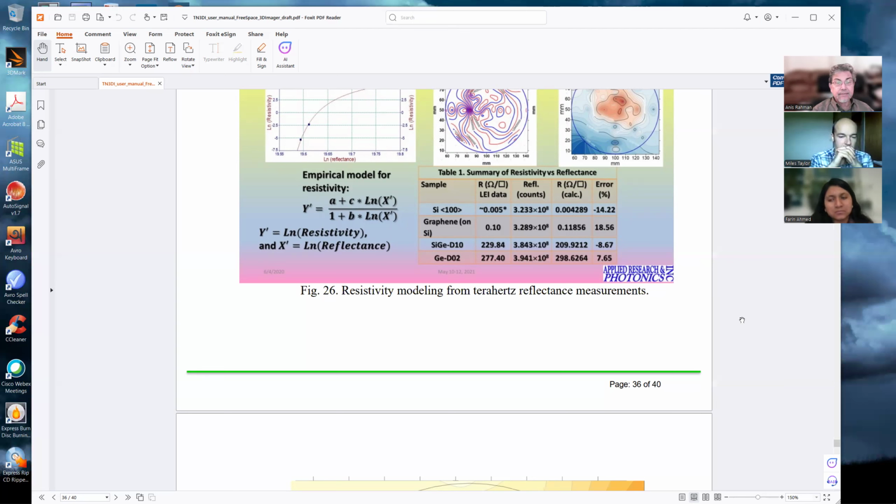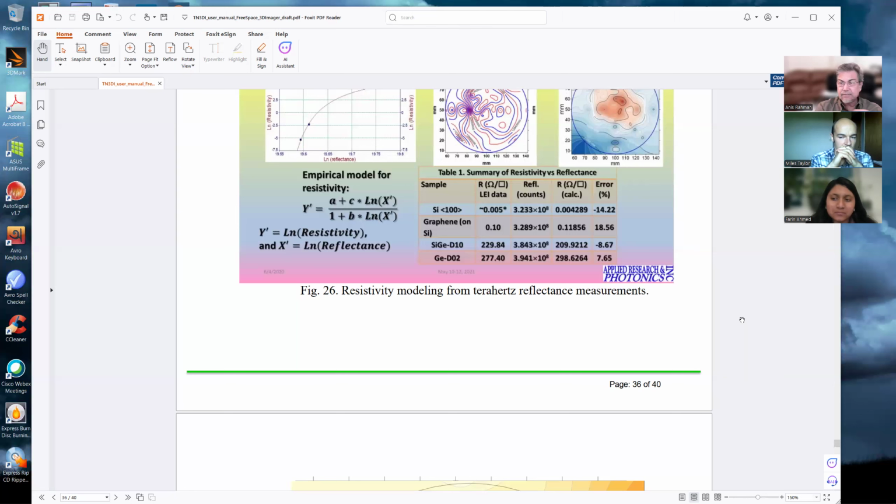So T-ray can be used to measure both on the surface of the epitaxial layer as well as go through the epitaxial layer and measure the substrate. Now, as you go closer to the substrate, there is a transition from the epitaxial layer to the substrate, to the wafer.